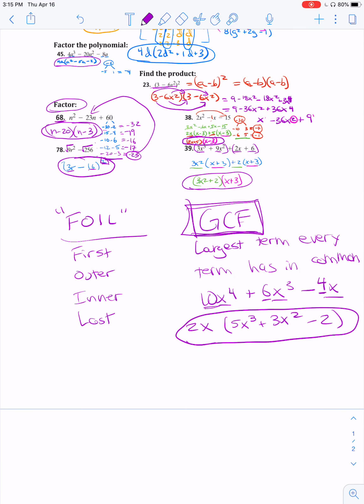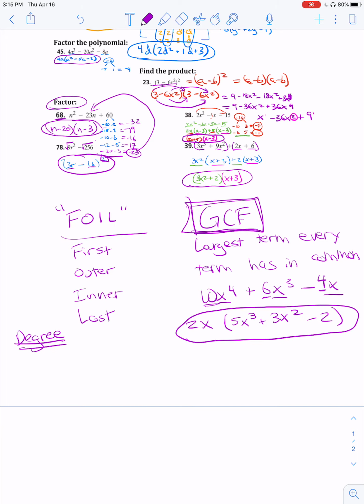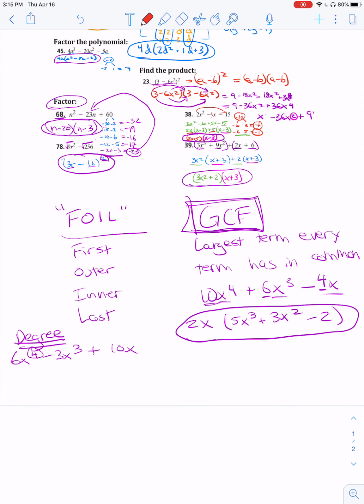And then let's just go over one more thing. What's the degree of a polynomial expression? Let's say 6x to the fourth minus 3x to the third plus 10x. Well, what's the degree of that polynomial? That is a fourth degree polynomial.